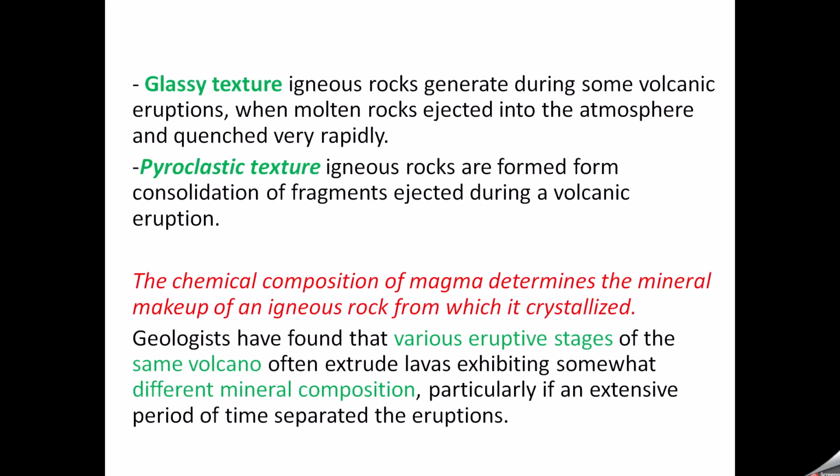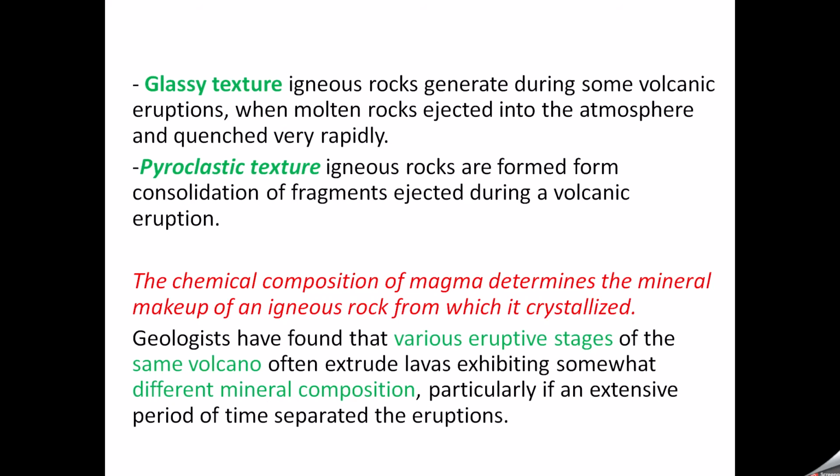And then we'll go to the other one, a glassy texture. Igneous rocks generated during some volcanic eruptions. So glassy textures form from volcanic rocks when molten rocks are ejected into the atmosphere and quenched very rapidly. So it's very rapid cooling.